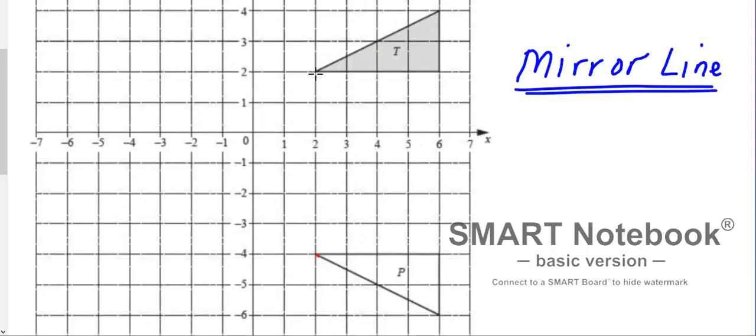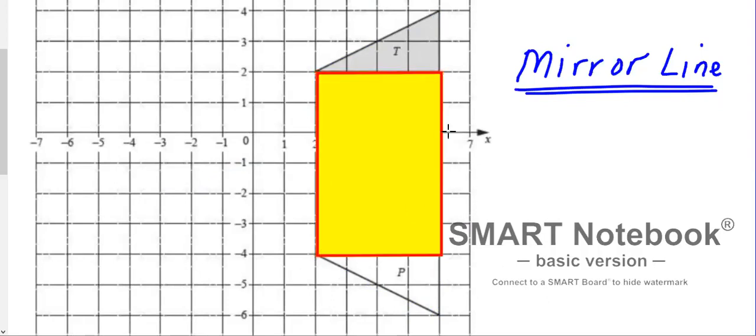Let me try to shade the space I'm talking about. The space which I'm talking about is that space. So the mirror line should be a line that cuts this yellow space into two equal parts.